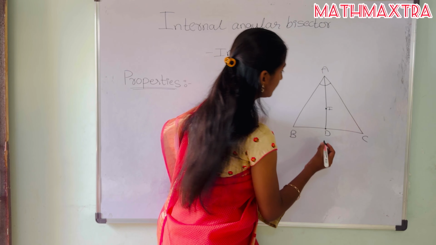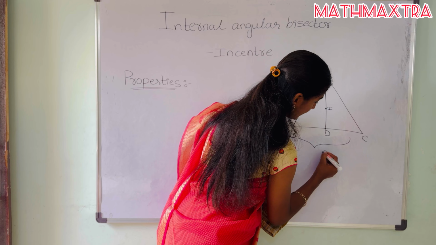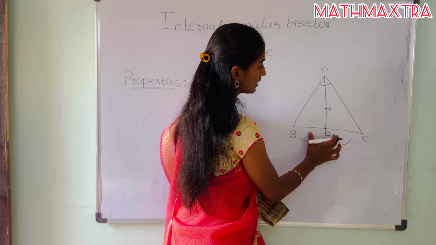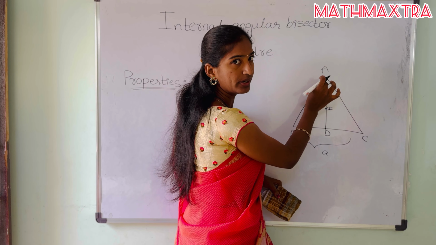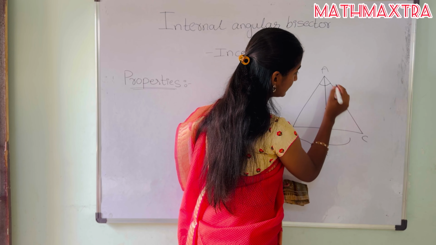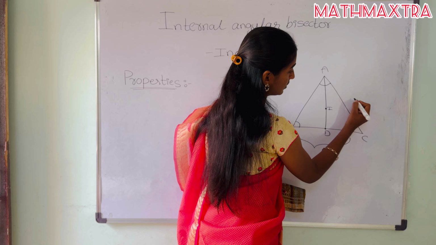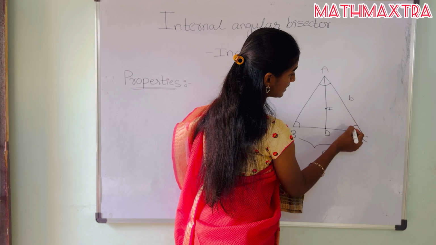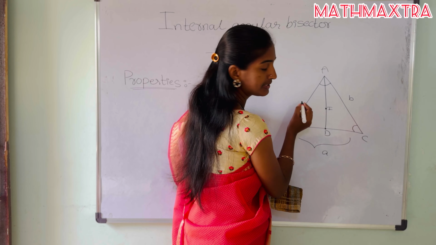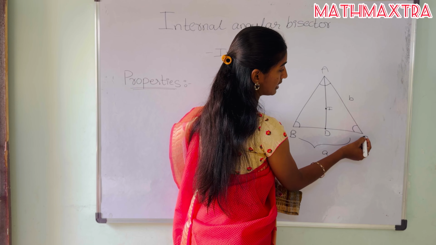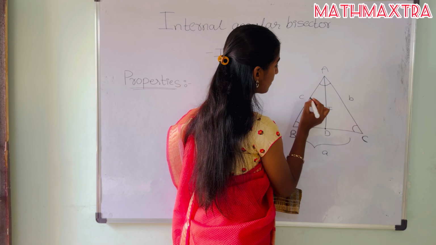See, this is side a, because this side is opposite to vertex A, angle A, and this side is opposite to angle B. Okay. So this is small b, and this side is opposite to angle C. So this is small c. Okay.